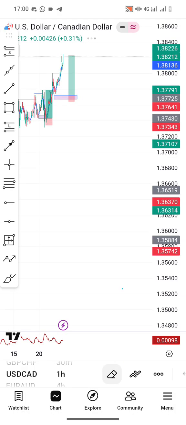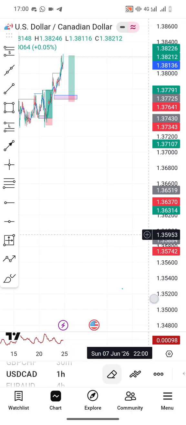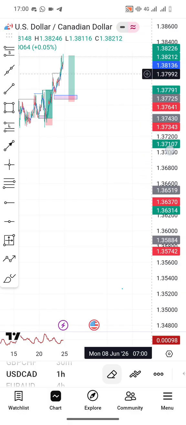The next one right here is what's a pip? If I were to ask you what's a pip, what would you say? Let me cut you the urge of guessing. Listen, a pip is the smallest amount of number that moves in a currency pair, which is all these numbers you see right here.